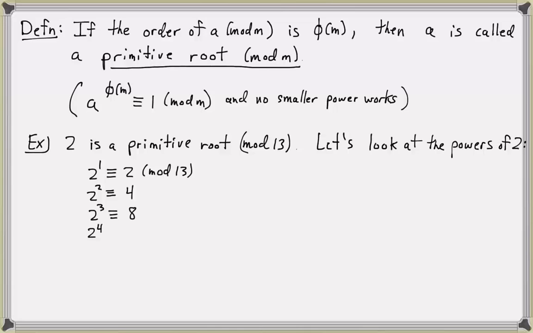To the fourth power is 16, which is 3 mod 13. To the fifth is congruent to 6 mod 13. To the sixth power is congruent to 12 mod 13. You can verify these.